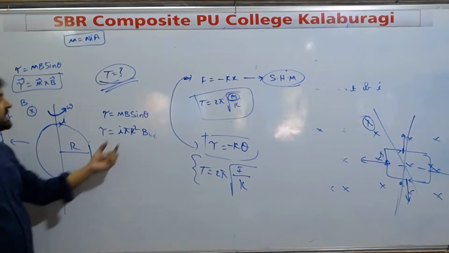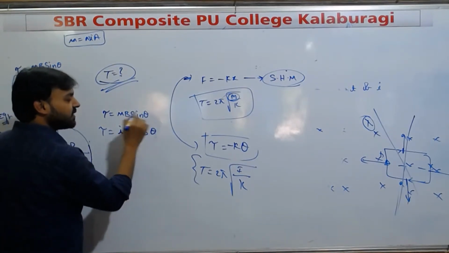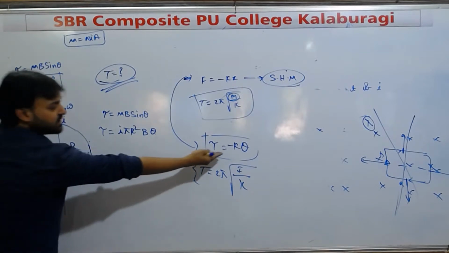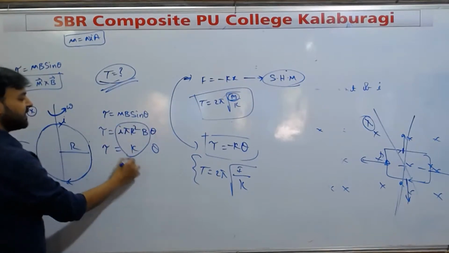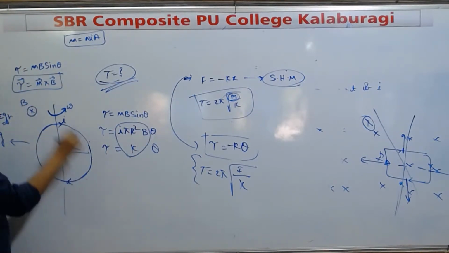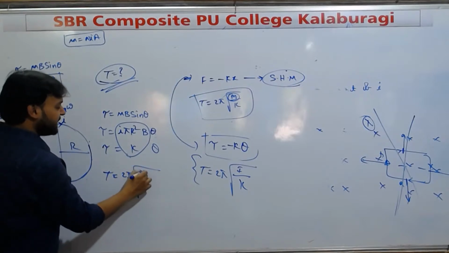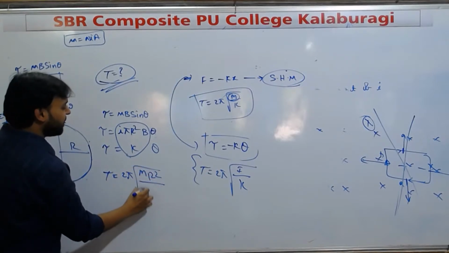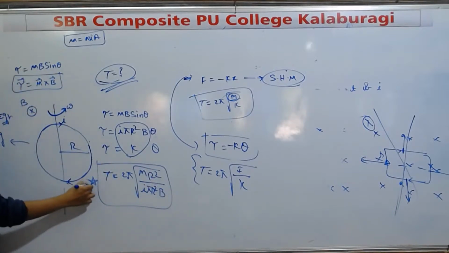If the angle is very small, sine theta is approximately equal to theta. Done. So tau equals k times theta, so this is k. What is the moment of inertia of the ring? m r square. So T equals 2 pi square root of m r square divided by I pi r square into B.